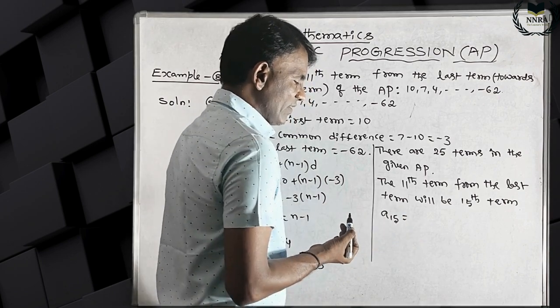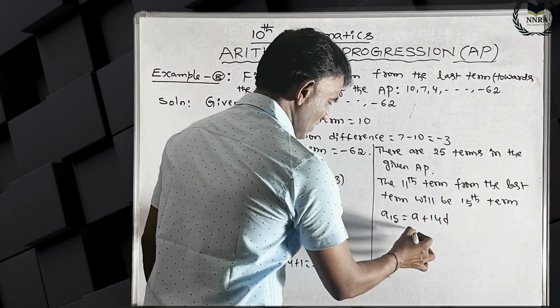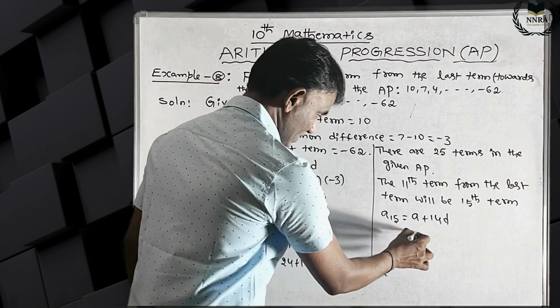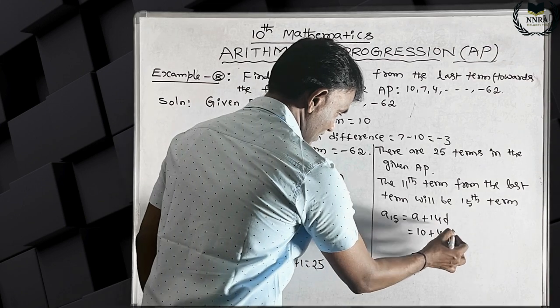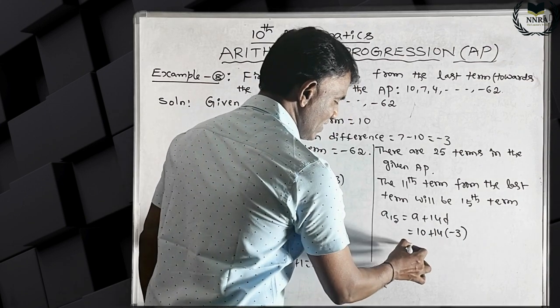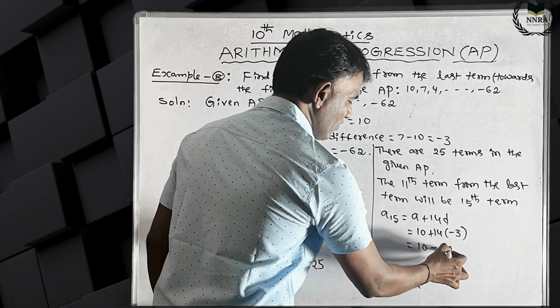Now we find A15. How to write this one? A15 means a plus 14 into d. What is the value of a? The a value is the first term, 10, then 14 into d, where d is minus 3. So here 10 plus 14 into minus 3, which is minus 42.